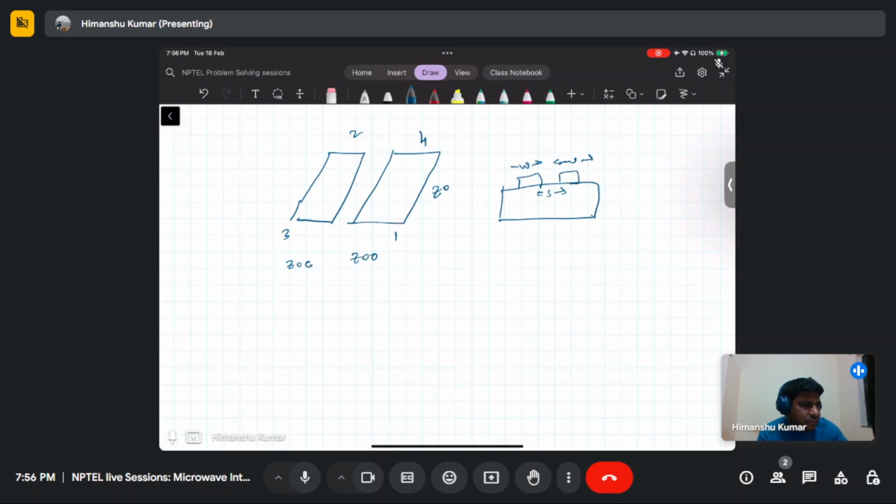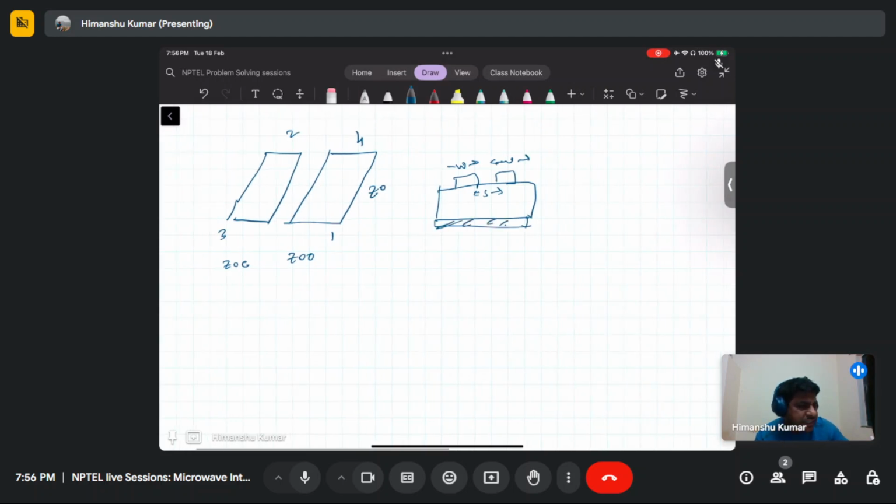You can model this with capacitances. You have the ground and the coupling capacitance, so you can model this by C11, C12 and C22. This is C11, this is C12, and this is C22. For the even mode impedance, the effective capacitance is C11, if you terminate the other line with a matched load.